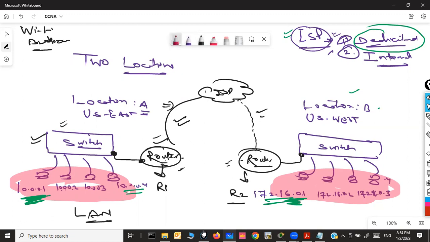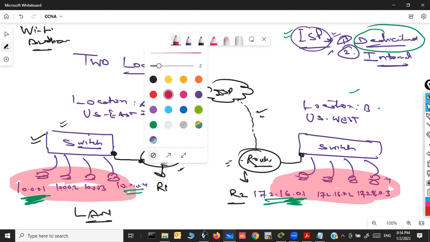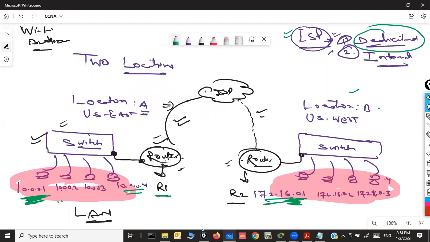Now, the router again has an IP address from the same range. Here, if I take the example of R1, there is the internal interface that connects with the local switch, and this is another interface that runs on the WAN side. So basically, a router means a minimum of two interfaces. Two interfaces are two LAN cards or Ethernet cards.